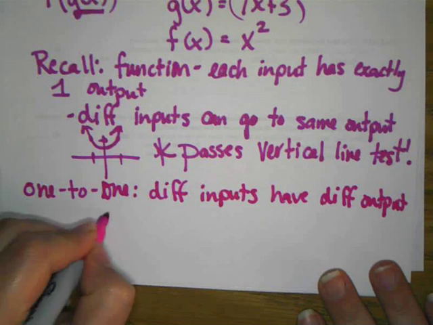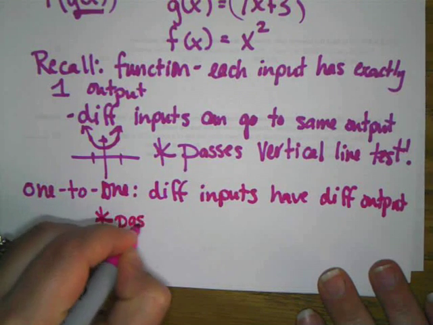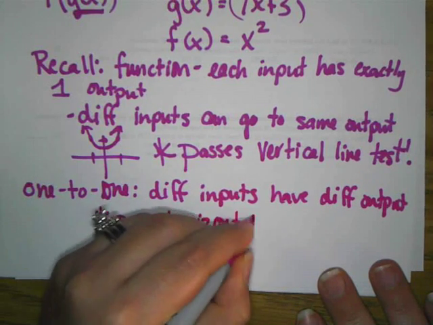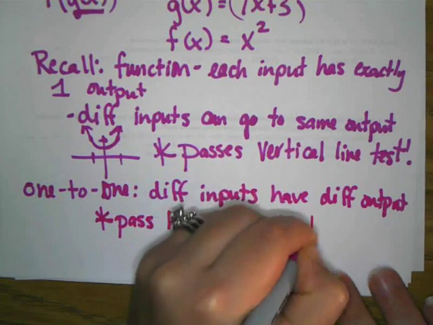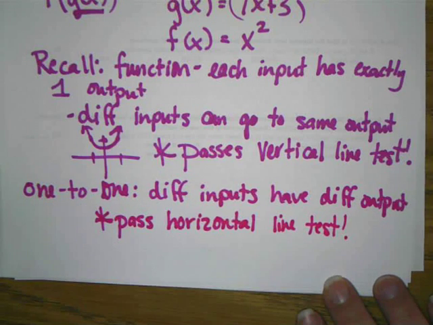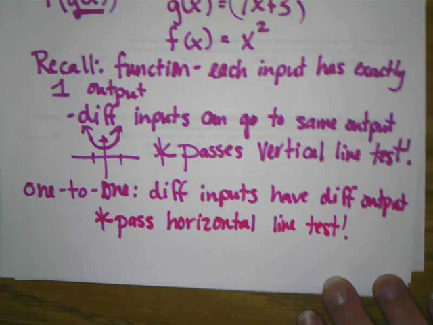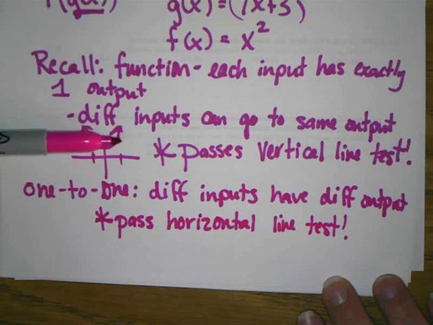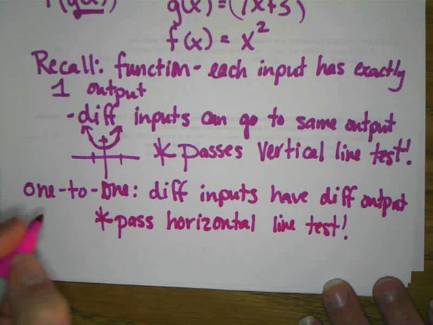And the easiest thing that I always remember about one-to-one is it passes what we're going to now call the horizontal line test. And the parabola obviously does not pass a horizontal line test, where your line is now horizontal, and here it is touching the parabola in two places at one time. Okay?